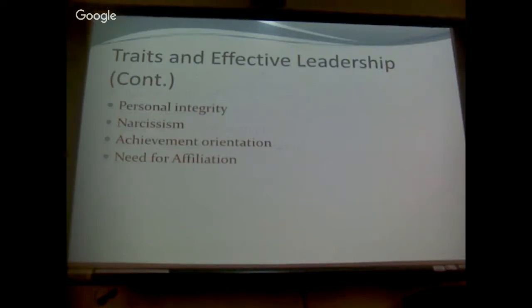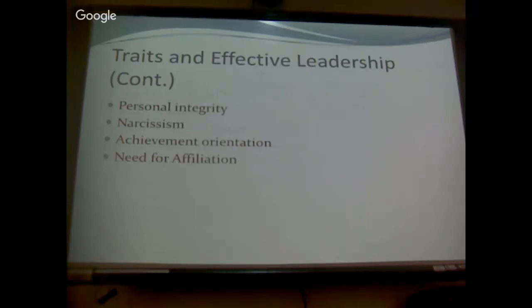Let me explain those quickly. If the process that led to some outcome was seen as being fair, then it would have procedural justice. Again, it doesn't matter what the outcome is, just whether the process that led to that outcome was perceived as being fair.